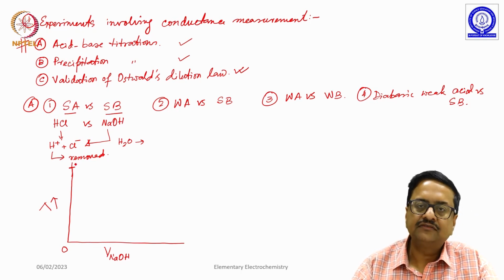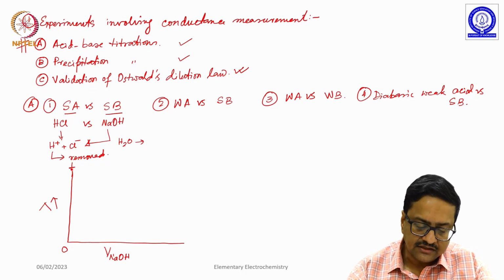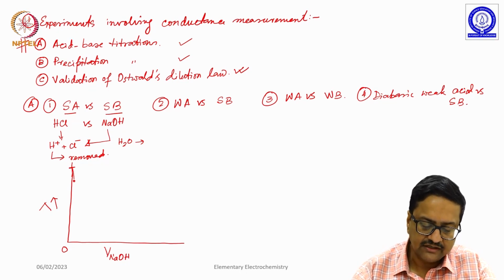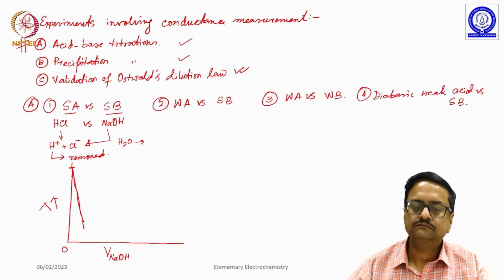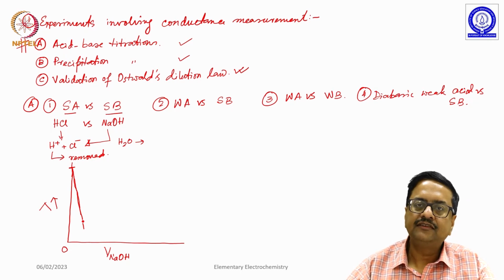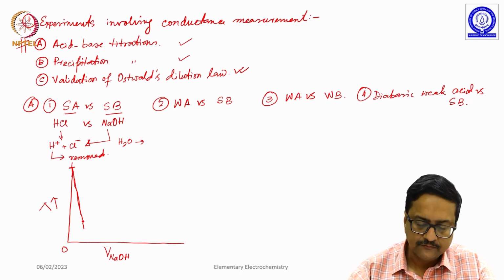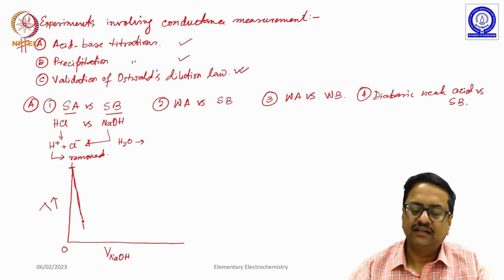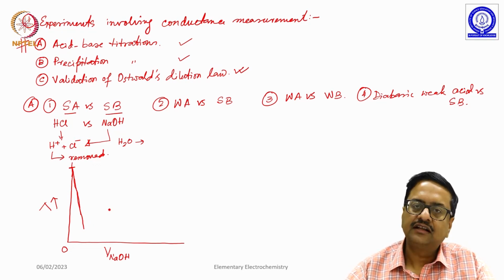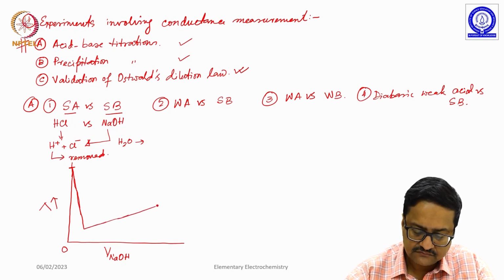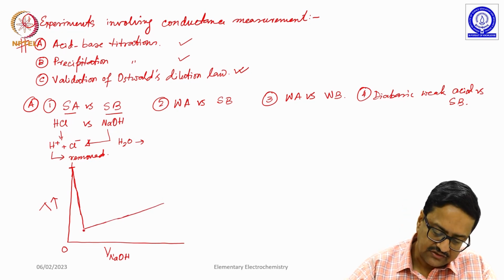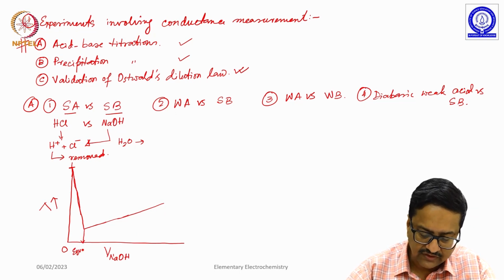But then with addition of NaOH, this conductivity will decrease very sharply and linearly. And then when all the H+ ions are consumed, that is, the neutralization has taken place, on addition of NaOH solution, this conductivity will slowly rise. So the point at which this transformation happens is your equivalence point.